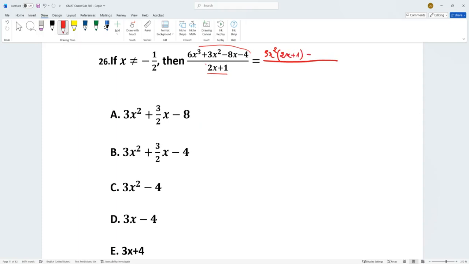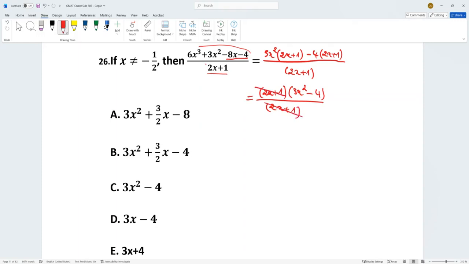Then we can put minus 4 as a factor of 2x plus 1, like this, and then we have 2x plus 1 in the denominator. So we can factor 2x plus 1, factor of 3x squared minus 4, over 2x plus 1, and then we simply cancel.